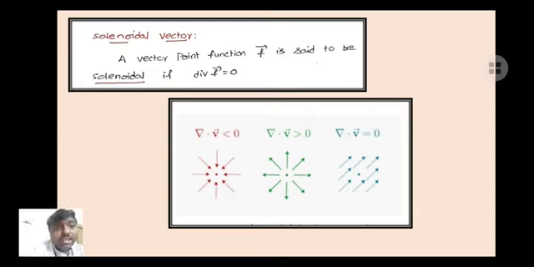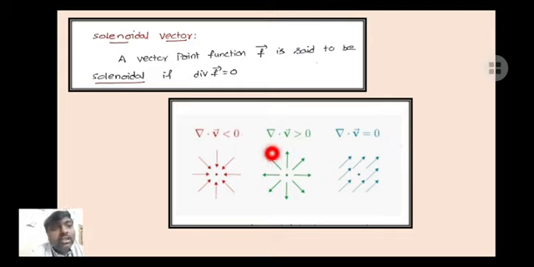If that particular scalar quantity is 0, such a vector is called a solenoidal vector. So if your divergence is 0, that is your solenoidal vector, which means the entering rate and outward rate are equal. There is no difference between the fluid entering the volume and going outward from the volume.